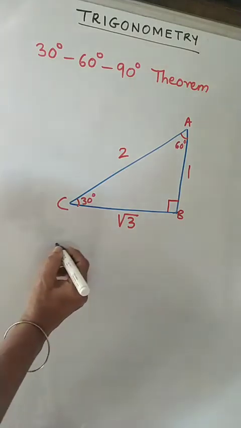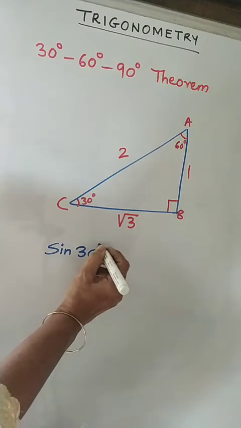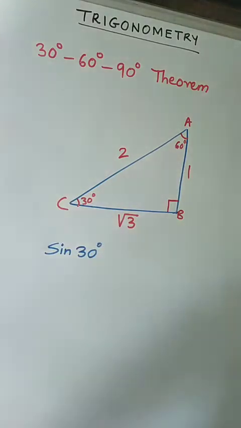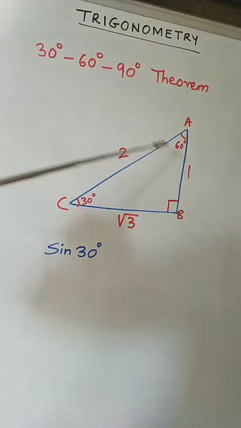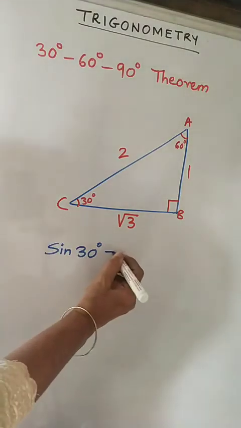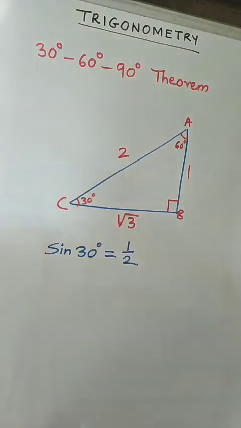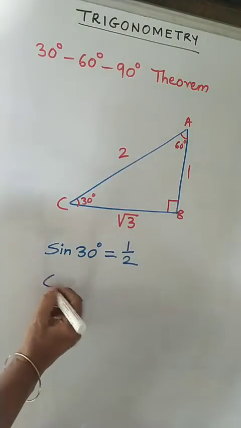Let's see what is, according to the figure, sine of 30 degrees. By looking at this particular triangle, sine 30 degrees. Sine means opposite side upon hypotenuse. So sine 30 degrees, we are getting 1 upon 2. Now cos 30 degrees.